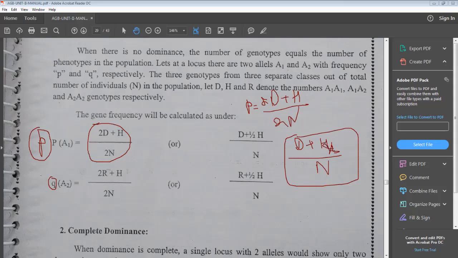In this way you can calculate the value of p, and for the calculation of q you just have to replace D with R, because D is p square and R is q square. For the recessive character we use the q square value, for the dominant we use the p square value, and heterozygotes are 2pq.